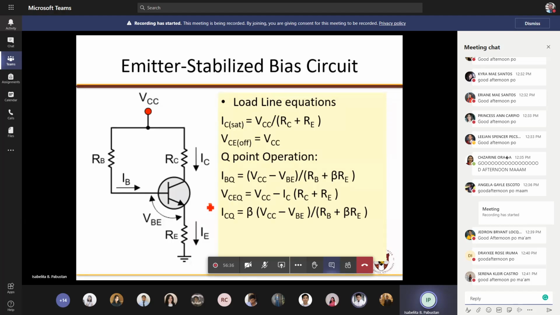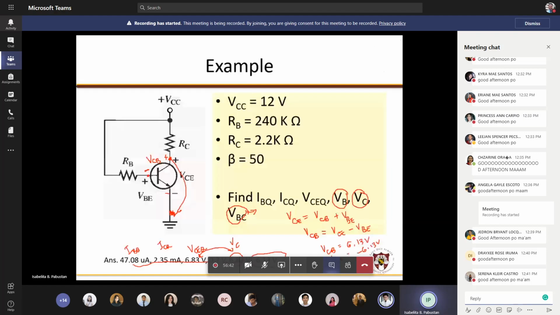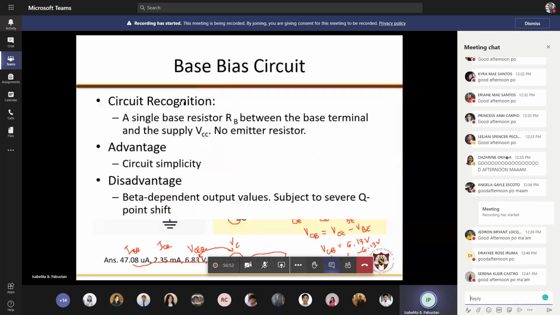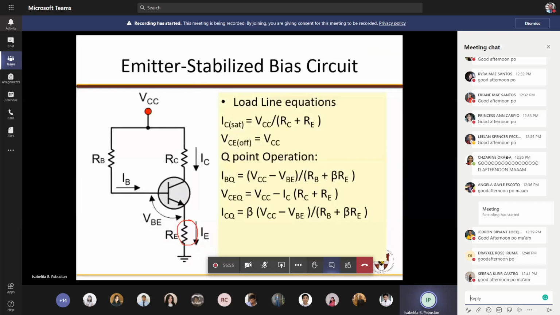Yes, resistor where? Sa emitter. Okay, yun lang yung difference. So, ibig sabihin, our analysis here is still applicable, except that you are going to add na on your analysis yung para sa RE.